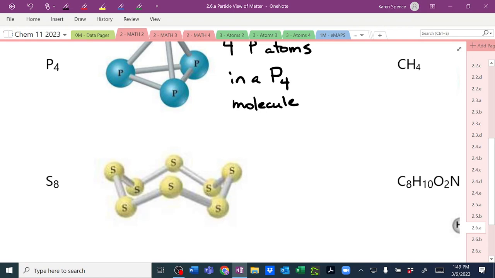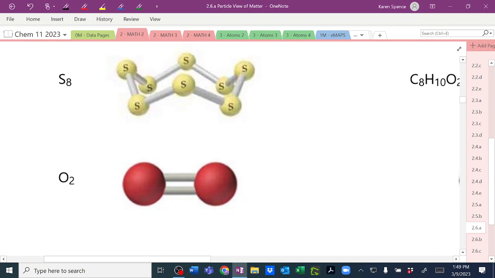But one of the forms sulfur takes is S8. It's made of 8 sulfur atoms bonded together. So there we go. And then we have O2. What do you think it means that we have 2 lines here?